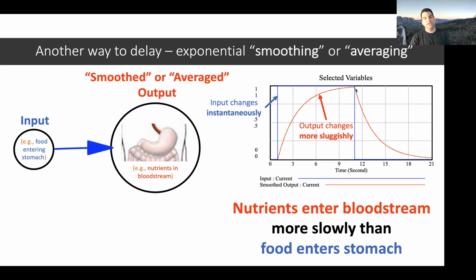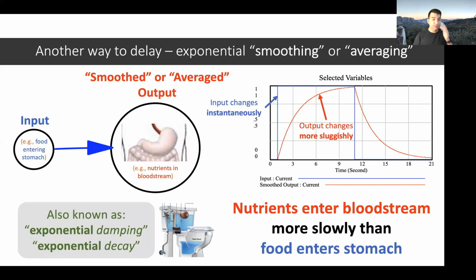You can end up getting nutrients entering the bloodstream for a very long period of time, even apparently after food has exited the stomach, because it's tied up in all of the absorption processes in the lining of the stomach. So this is also known as exponential damping or exponential decay.